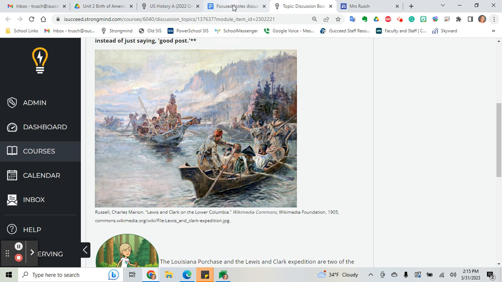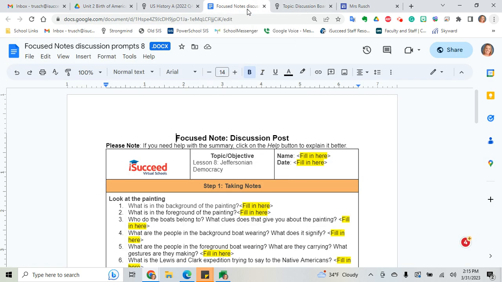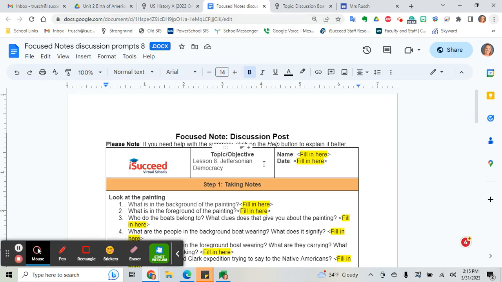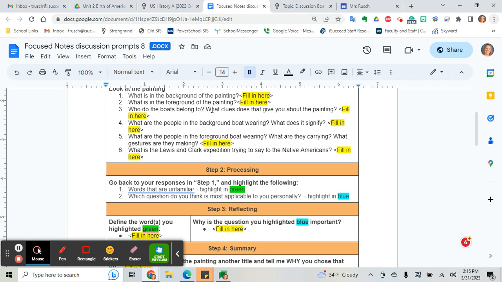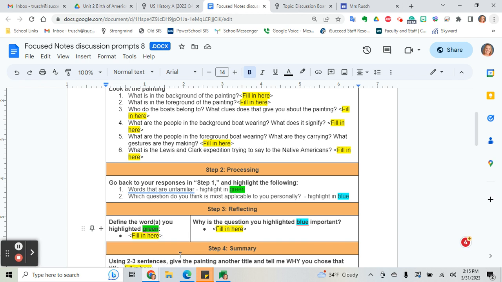So, what I want you to do before you get to this is, obviously you'll have to look at it first, but I want you to carefully study the painting and tell me what you see in the painting and what you think that they are trying to do. Then I need you to find words that are unfamiliar to you, find a question that you think is most applicable.